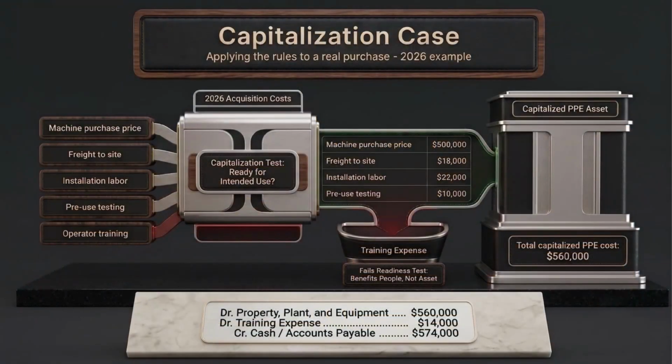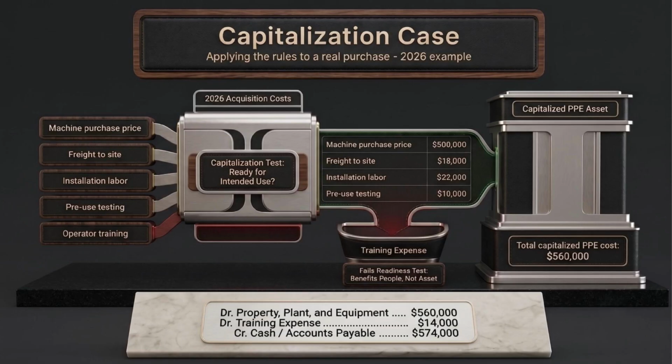Now let us apply the rule to the 2026 capitalization case. The machine purchase price is $500,000, freight is $18,000, installation labor is $32,000, and pre use testing is $10,000. These costs are needed to get the machine to its intended location and condition, so they are capitalized. Operator training is $14,000, but that benefits the employees, not the machine itself, so it is expensed.